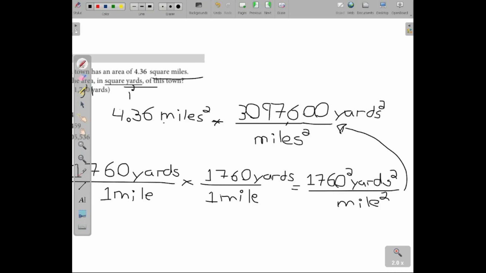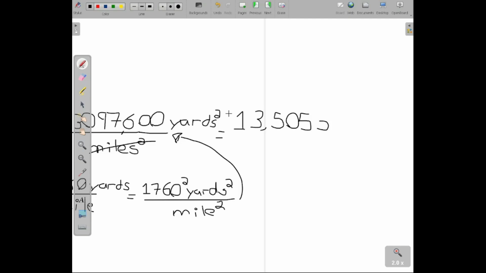Now we can cancel out the miles, and we multiply 4.36 times 3,097,600, which is equal to 13,536 square yards.